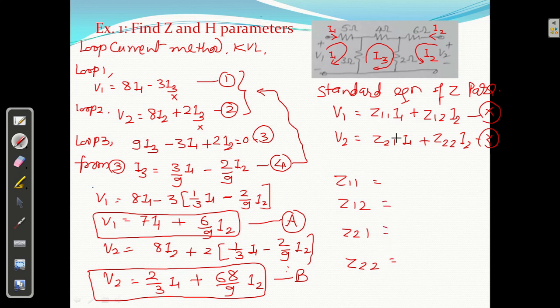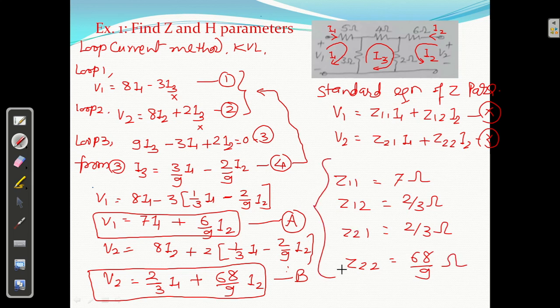So you will get these values. z11 is 7 ohm, z12 is 2 by 3, z21 is 2 by 3 and z22 is 68 by 9 ohm. So these are the answers of the Z parameter. Okay, so I am getting Z11 7 ohm, Z12 and Z21 2 by 3 and Z22 68 by 9.